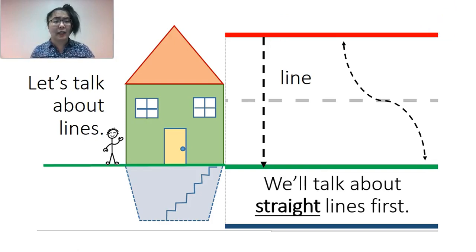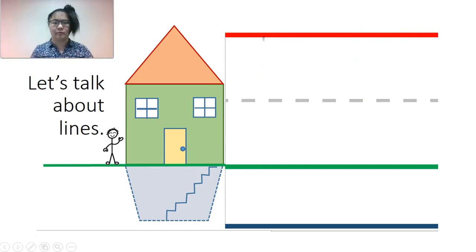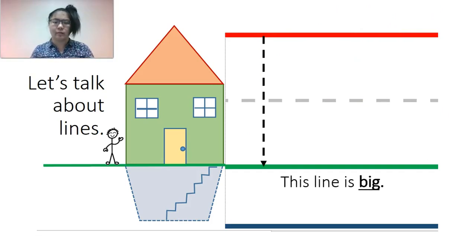So we'll talk about straight lines first. Do you remember? Which one was the straight line? Line 1 or line 2? This line is big.